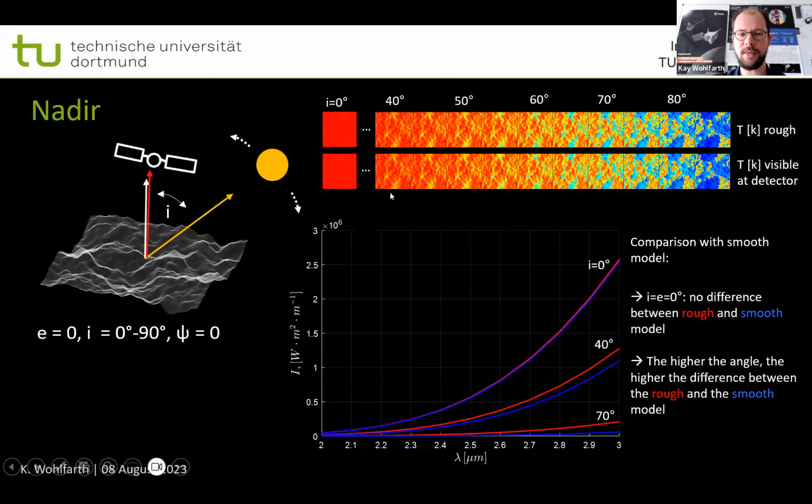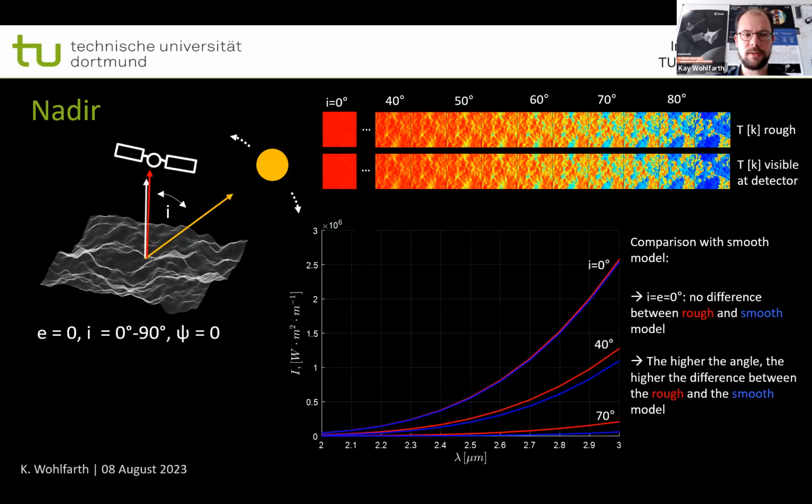So the higher the incidence angle gets, the lower the thermal emission becomes. But the higher the incidence angle gets, the relative difference between the smooth and the rough model becomes larger. And that's the first thing that happens due to surface roughness.